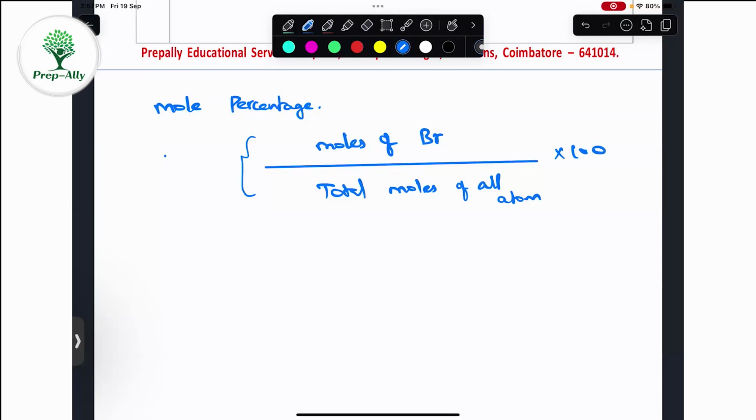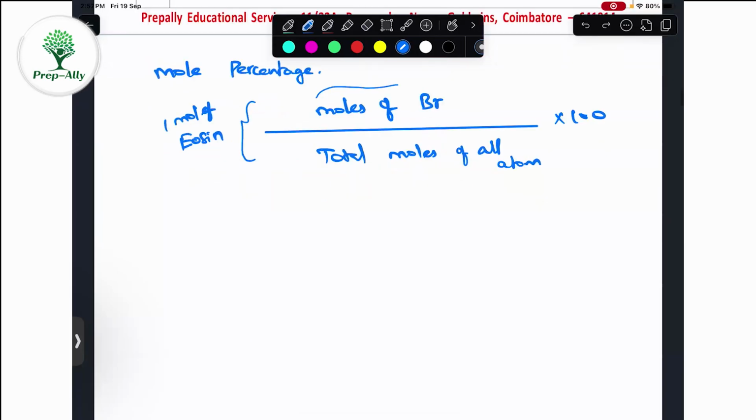This is for 1 mole of eosin. So I'm calculating the percentage per mole of eosin, how many percent moles of Br are there, right?